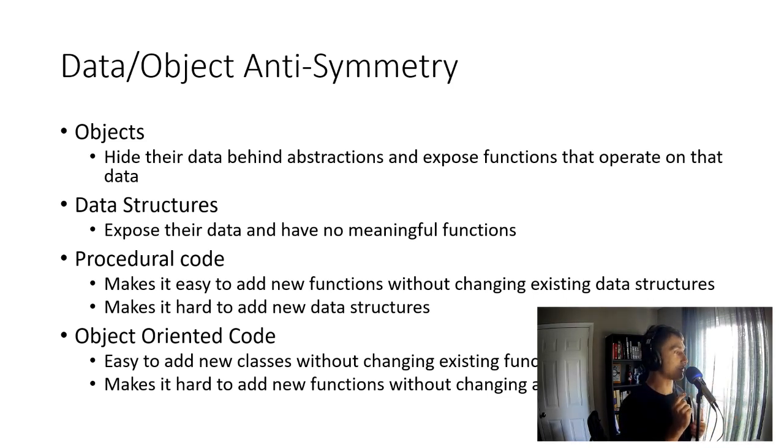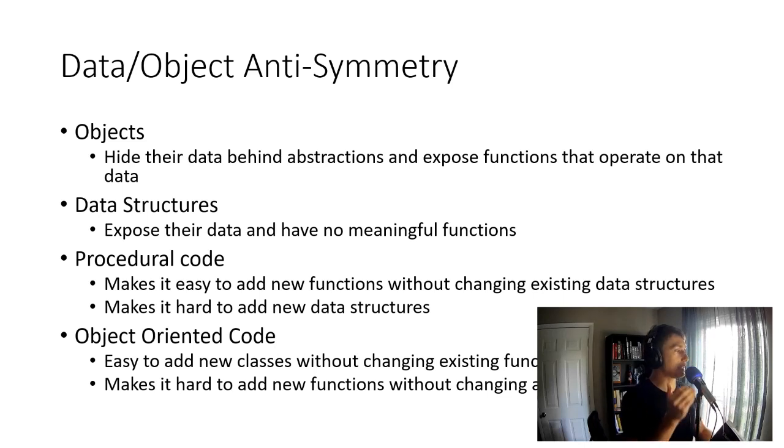So objects hide their data behind abstractions and expose functions that operate on that data. So that's the one side of the anti-symmetry. Then there are also data structures, which expose their data but have no meaningful functions. So this could be something like a list, a stack, a set, an array, a hash map.